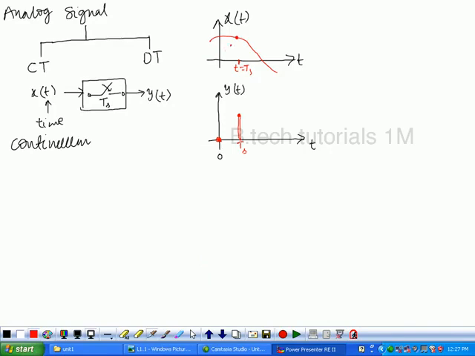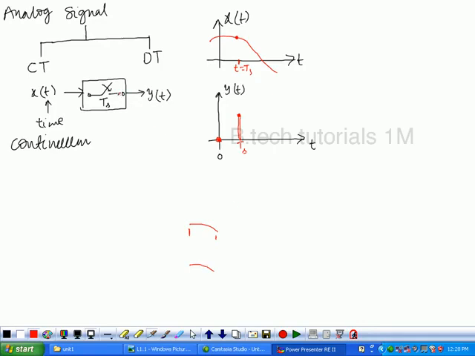For example, if the input is varying like this, the output will also vary in the same manner. If this is the variation at the input, we close the switch here and open the switch here. Then the output follows the input. So therefore, the output will also be like this. Understood?